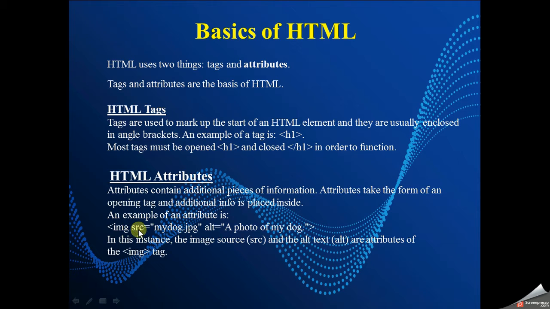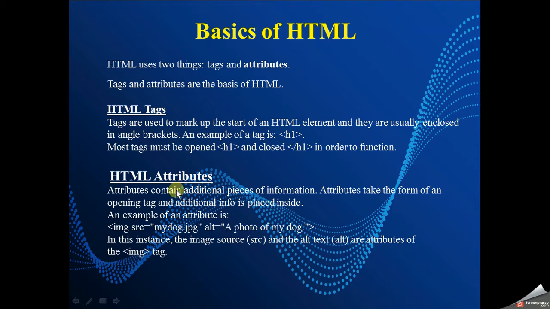If you see in the image tag, src and alt both are giving an extra piece of information to the image tag. So we can say these are the attributes, giving additional information to the image tag. So we can say attributes simply add an additional piece of information to the tags.